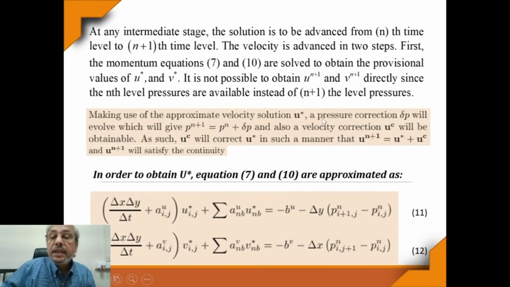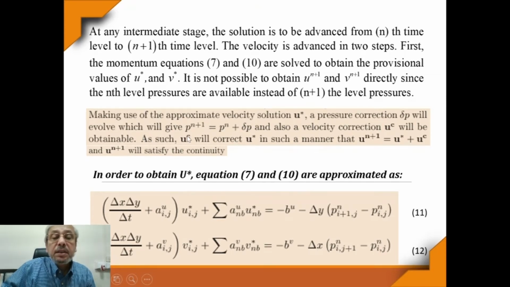As such, what we are writing is a pressure correction delta P will evolve, which will give P n plus 1 equal to P n plus delta P, and also a velocity correction u C, which will be obtainable.